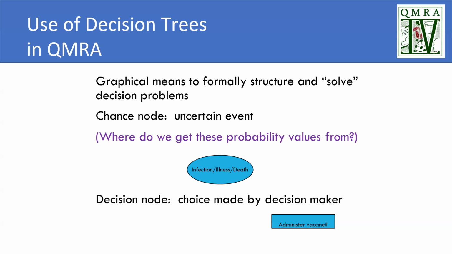And then the decision nodes that we're making are going to represent what choices the decision maker is making about how to mitigate the risk for the pathogen. For example, it might be administering a vaccine or some other medical countermeasure.